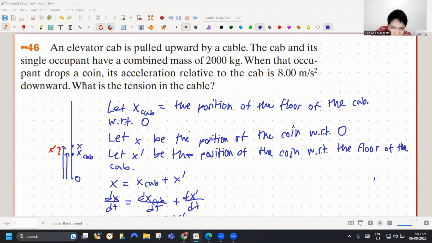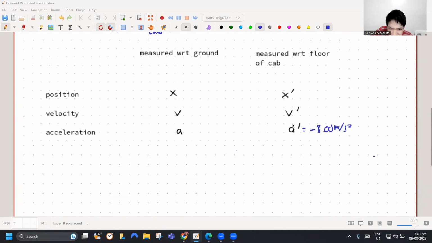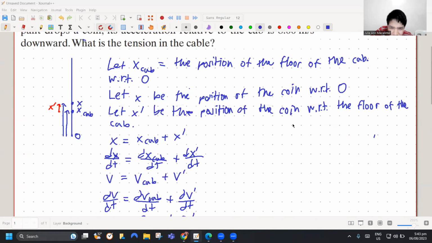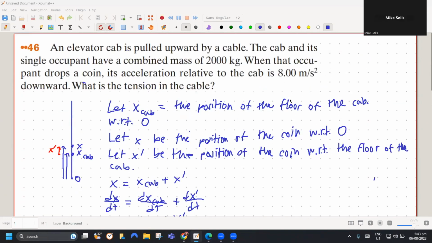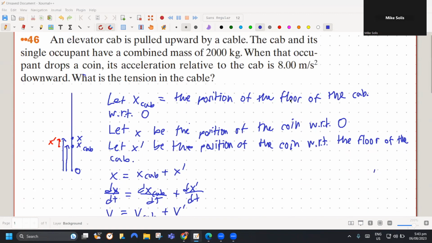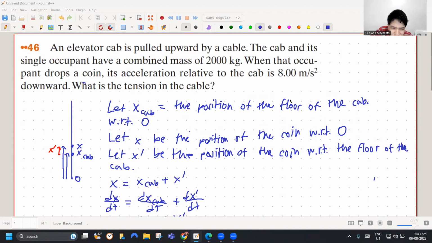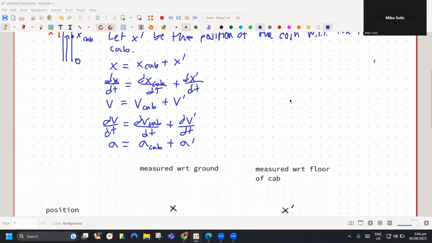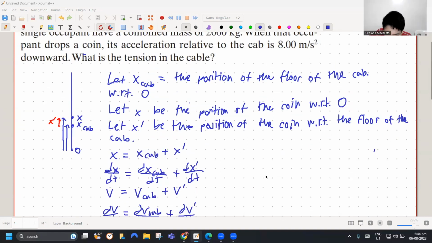Pulled upward. So, V is positive. Okay. What else? Mass, hindi mo na yan. Ano yung forces on the coin? Gravity. Gravity lang.